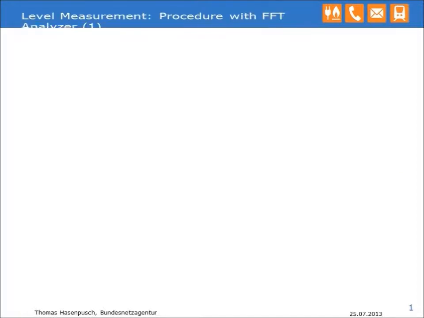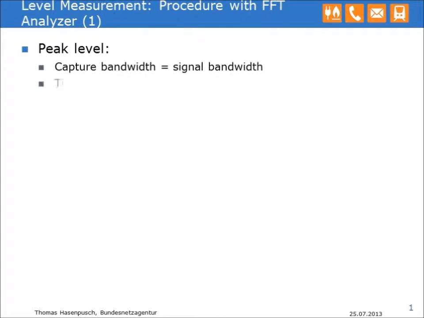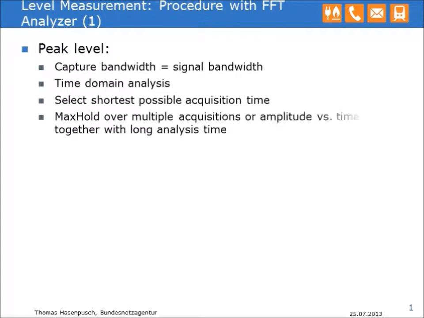So if we have an FFT analyzer and we want to measure the signal peak level, we set the capture bandwidth, of course, to be at least the signal bandwidth to capture the whole signal. And we do a time domain analysis and select the shortest possible acquisition time. So we acquire as fast as the instrument allows.